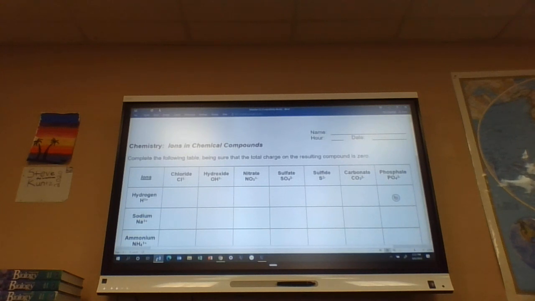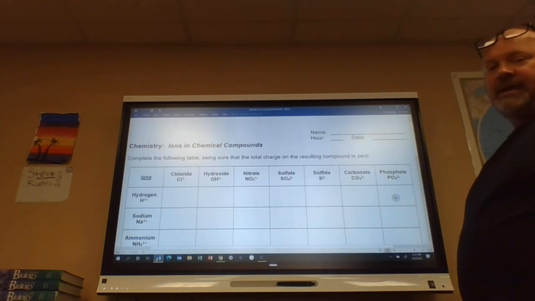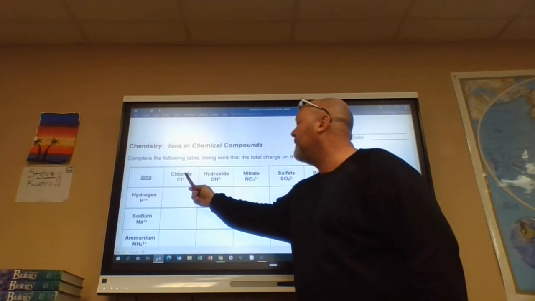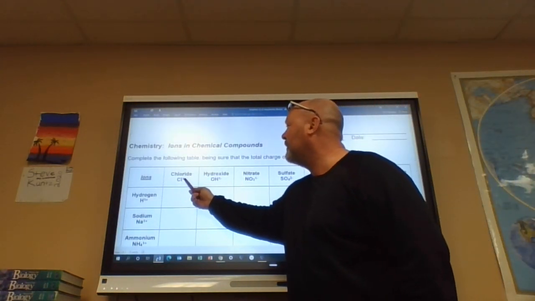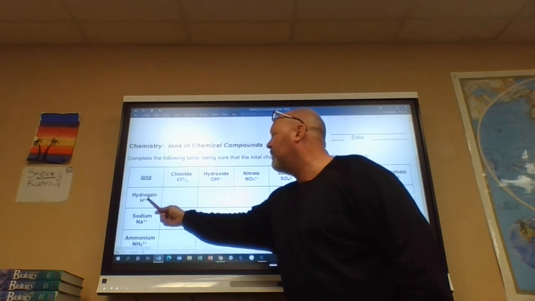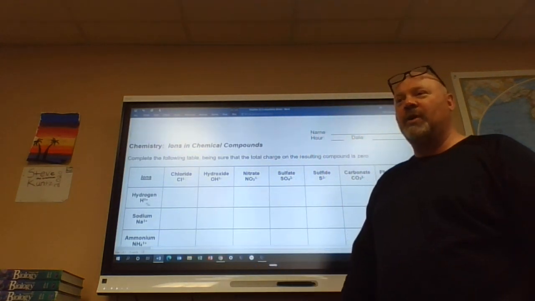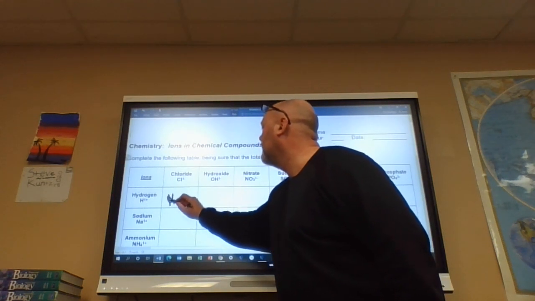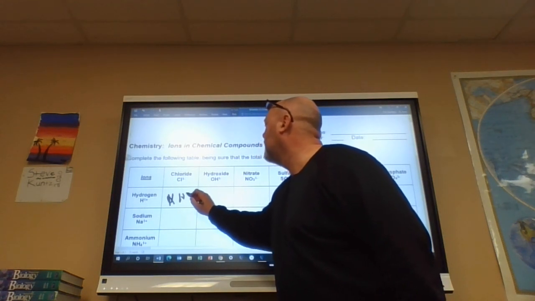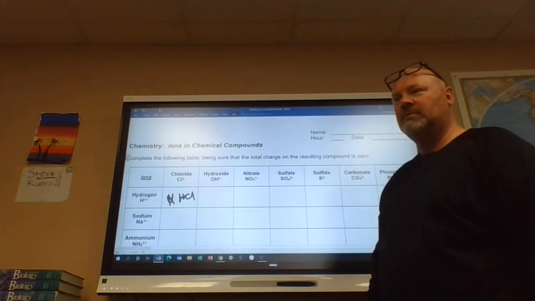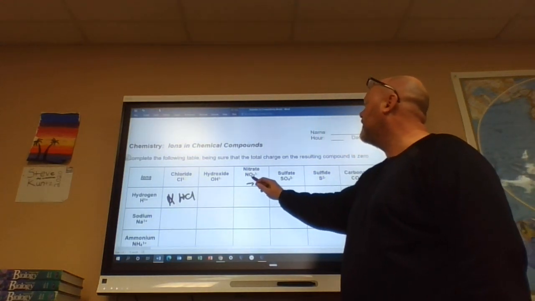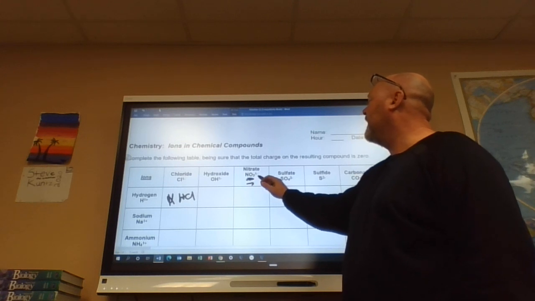Now, on your worksheet, I've given you examples and wrote examples in on this already. So we just do the crisscross rule. So we look up the chemical symbol for chlorine, which is a -1, and a Cl and a +1. Both have a 1 and 1 charge, right? We just write this in as HCl. Okay? Now, I have NO3. That means this whole thing is a -1 charge.